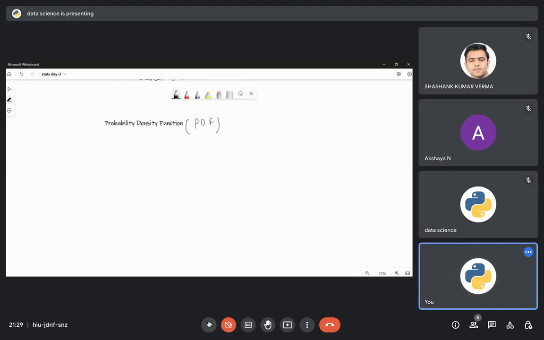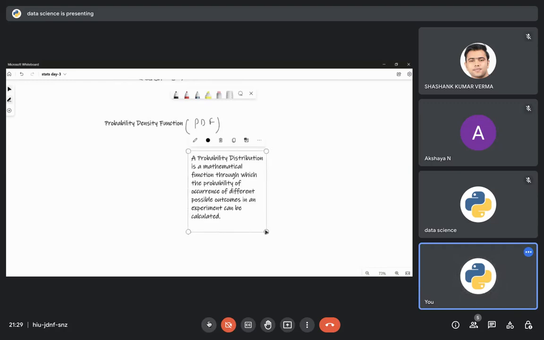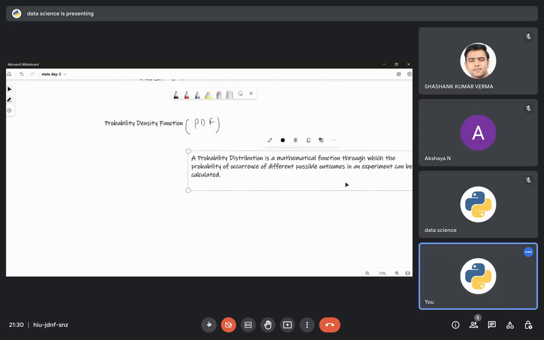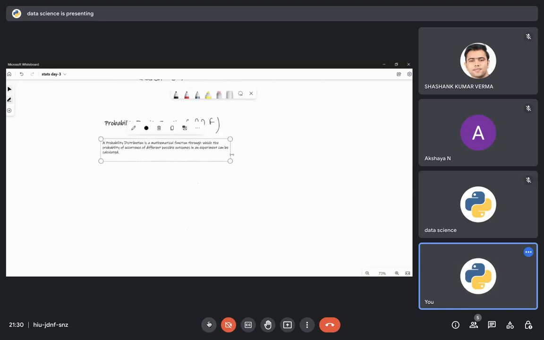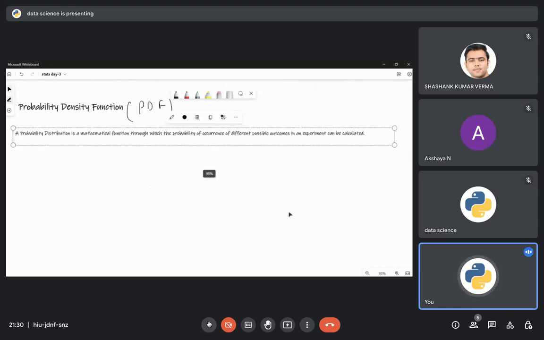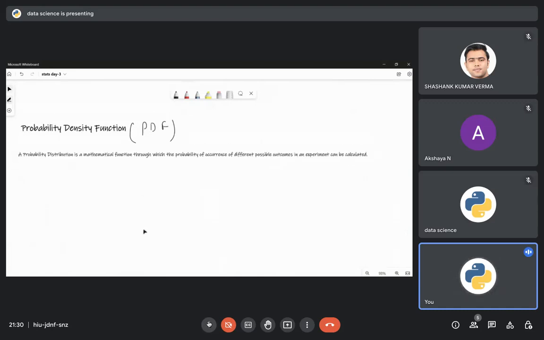Let me write that. The probability distribution function is the function through which we are able to calculate the probability of occurrence of different possible outcomes in an experiment.